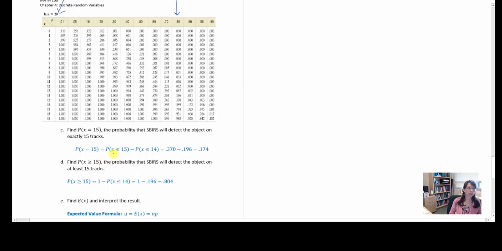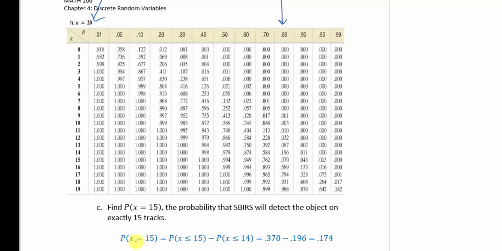So our next question, we're going to calculate the probability that X is equal to 15. So if it's exactly 15, then we're looking for row 15. Follow that across and double check that you have the right column and the right row. So we have 0.370. But remember, 0.370 includes row 15 and everything smaller.